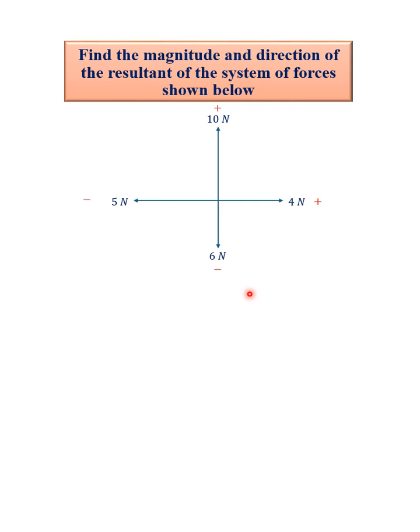If we agree on these signs, then we can say that the sum of the horizontal forces, which is the sum of the forces from east to west, which we'll call Fx, is equal to 4 positive minus 5 negative. So the horizontal force sums up to be minus 1 Newton.